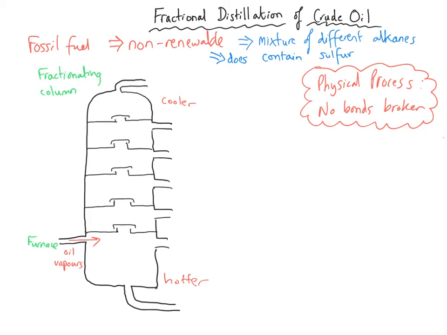And so these vapours that have entered the tower rise up through the column, passing through this series of trays. These are called trays, and this is a bubble cap. And they keep rising up through the tower until it is cool enough for them to turn back into a liquid and for them to condense.